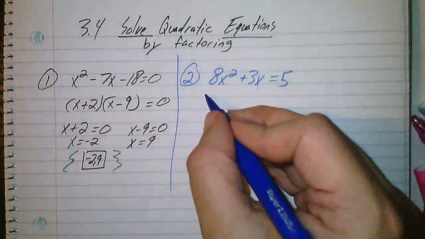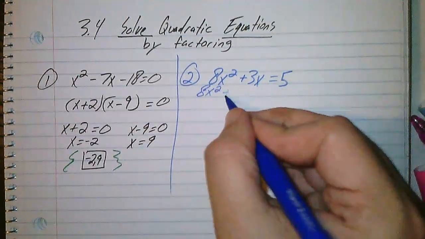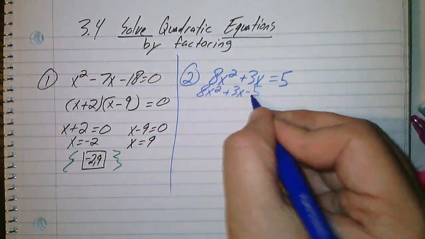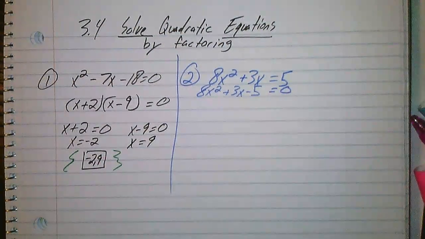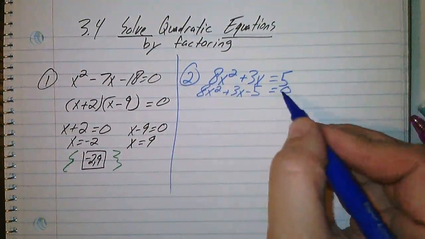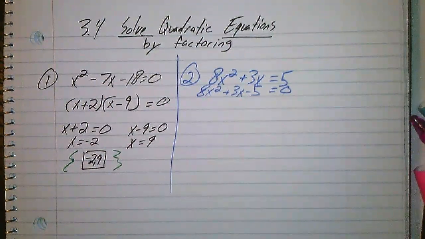So I need to subtract 5 from both sides. So the 5 becomes negative as it moves over to the left side. We are set equal to 0, so now we can solve.